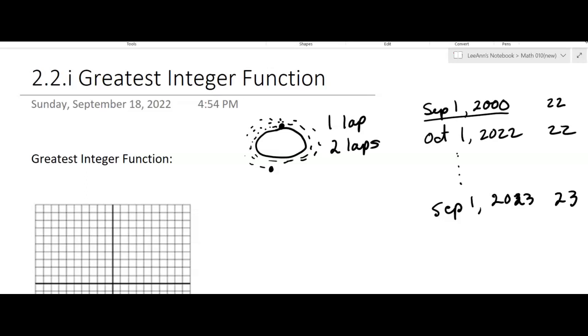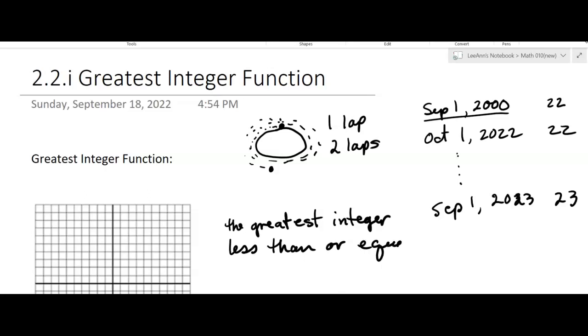So the greatest integer function is the greatest integer less than or equal to x.